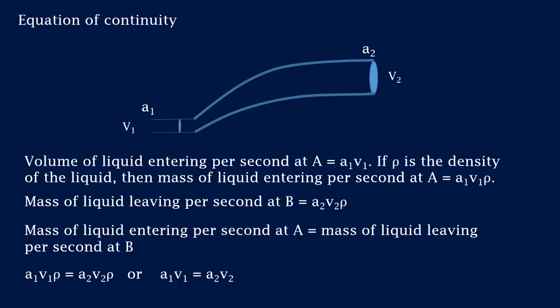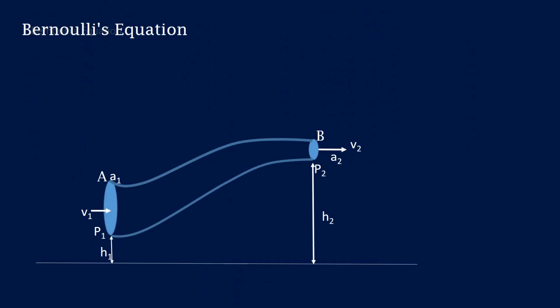This is called the equation of continuity. From this equation, V is inversely proportional to the area of cross-section along a tube of flow. That is, the larger the area of cross-section, the smaller will be the velocity of flow of the liquid, and vice versa. Now let's derive Bernoulli's equation.